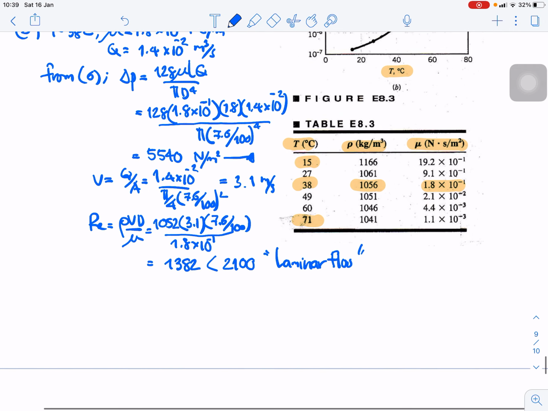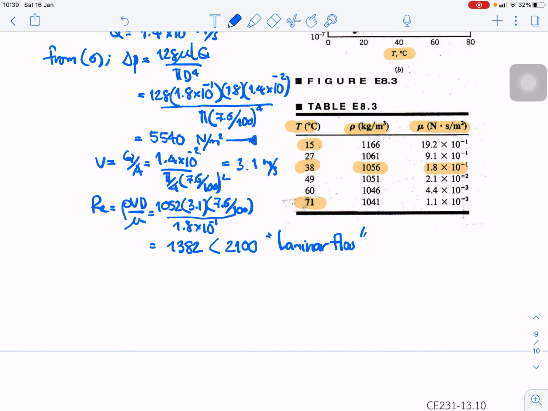Okay, we have not finished part C yet. We have to find the wall shear stress. From equation 3, the wall shear stress is delta P times diameter divided by 4L.